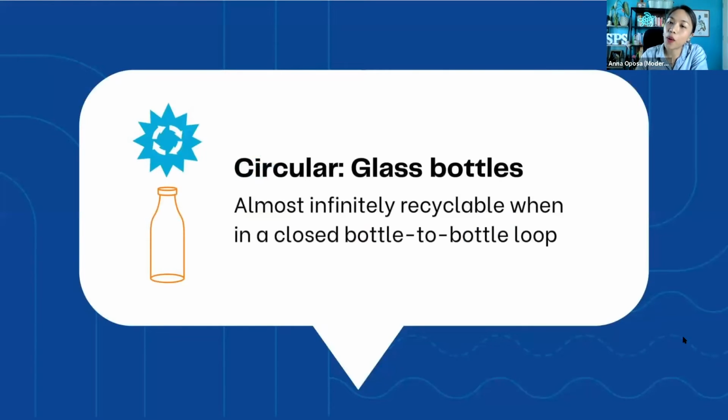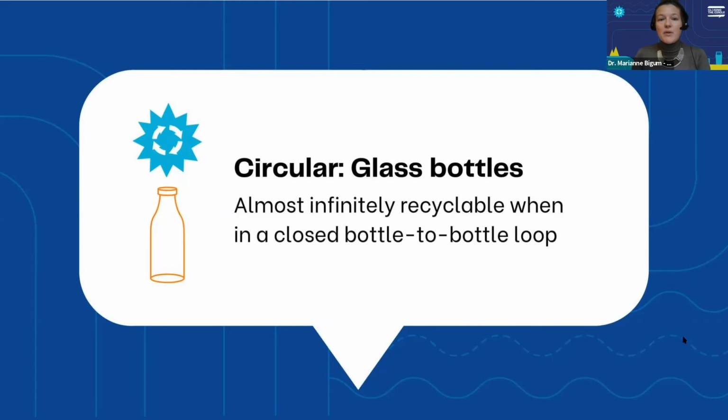It is circular. Why is it circular, Doc Marianne? It is circular when we ensure that it is recycled into new bottles. I just put it in the chat to repeat the principles.